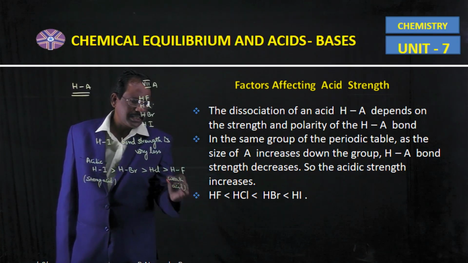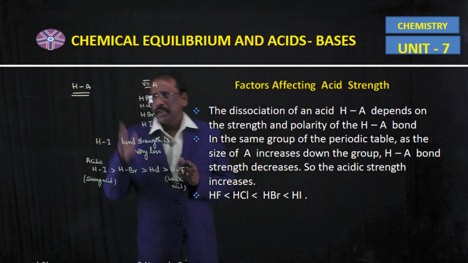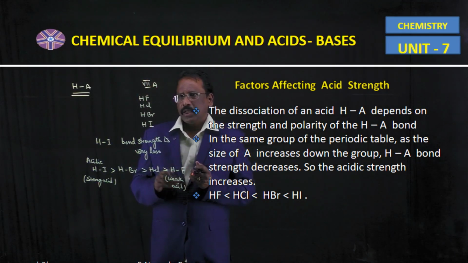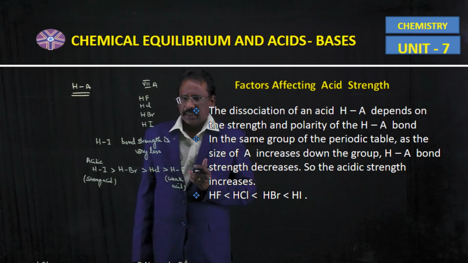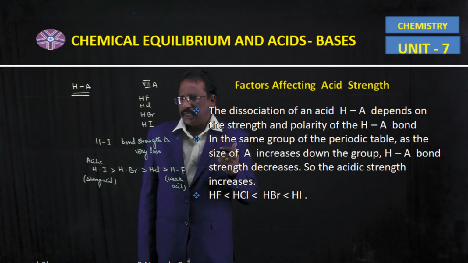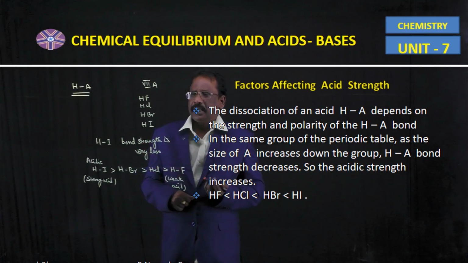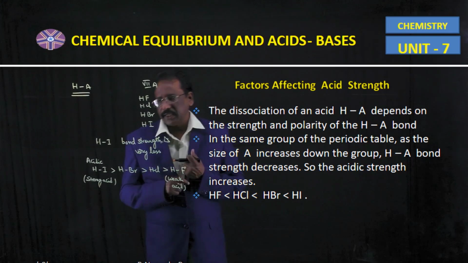So, in this case, if the A belongs to a similar group, and those form acids, among those acids, if the size of the A is more, that bond strength will be very less. So it produces H plus ions very easily.